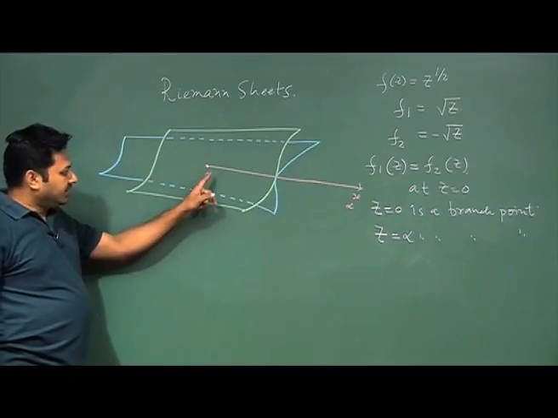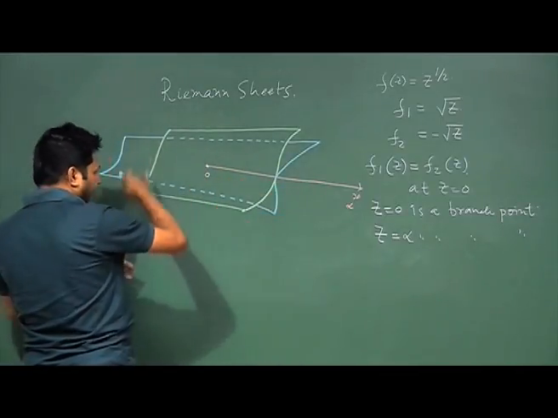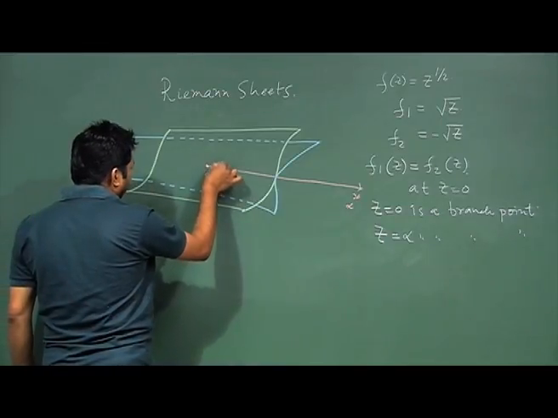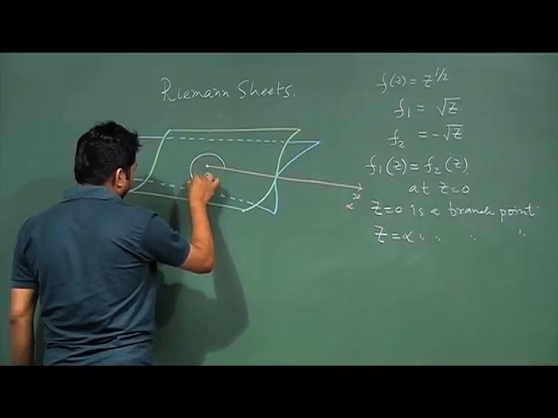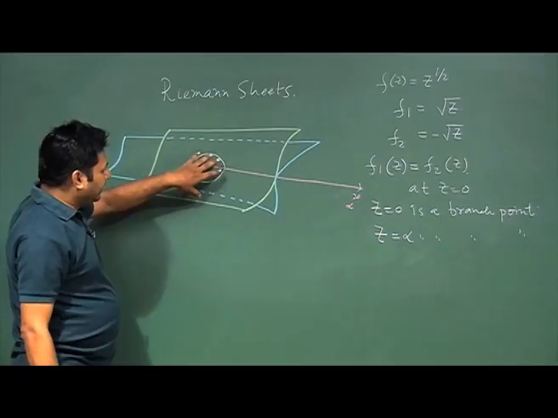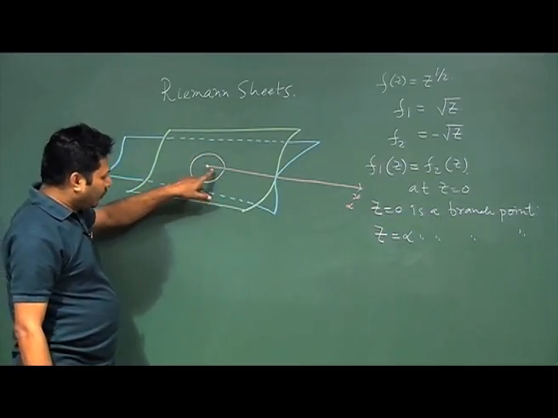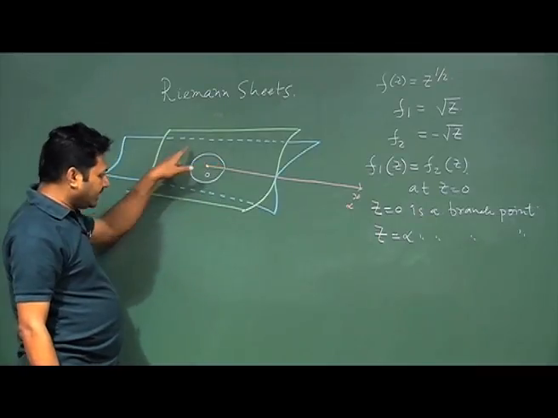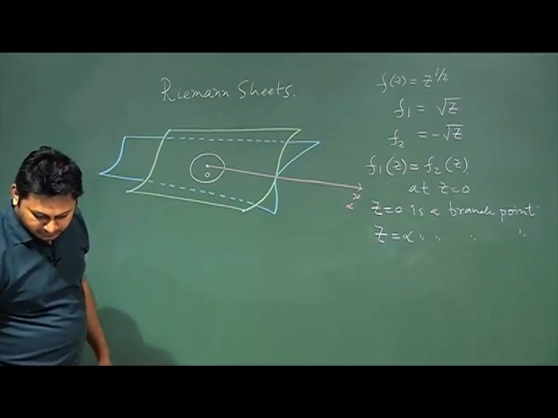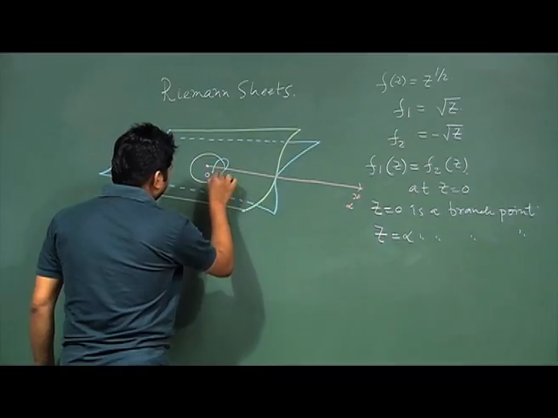In the Riemann sheets, now I can represent my points. In the first branch, if I rotate this z point from 0 to pi, it will be on the first Riemann sheet, and then after rotating 2 pi, when it crosses this line, it will slide down to the next sheet.